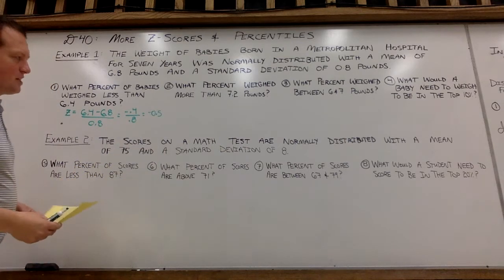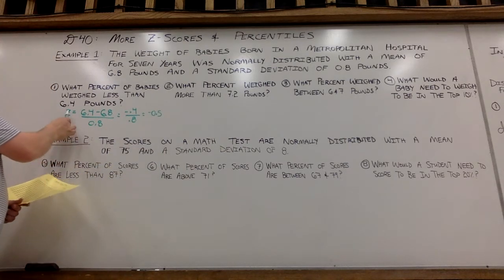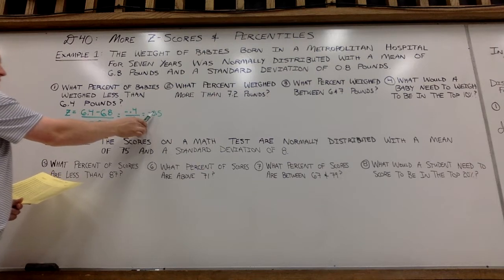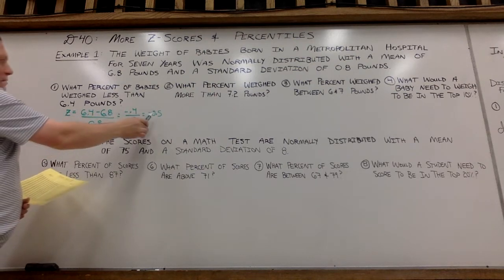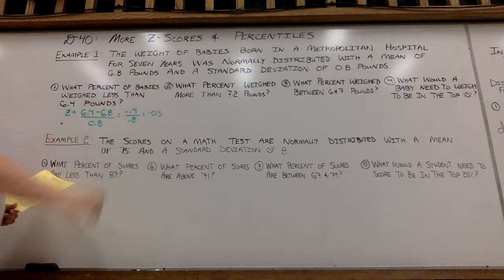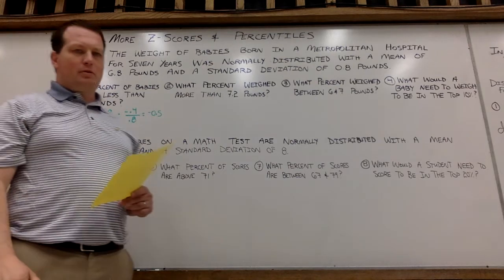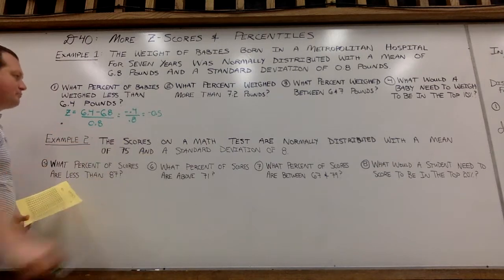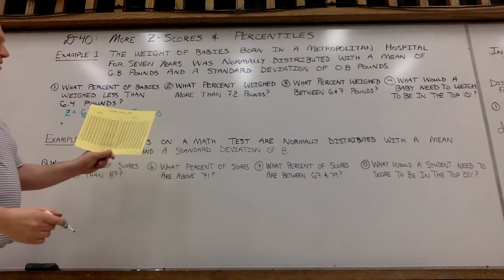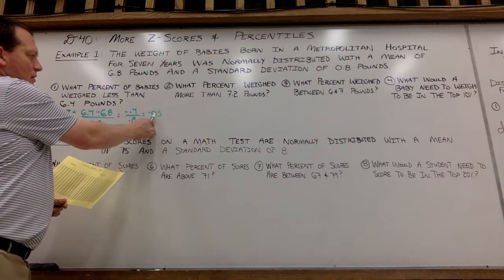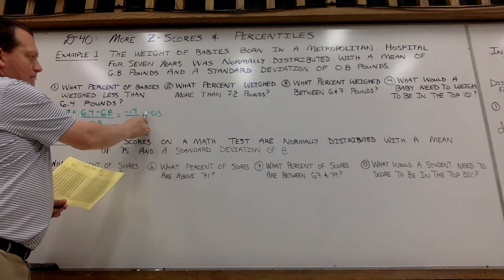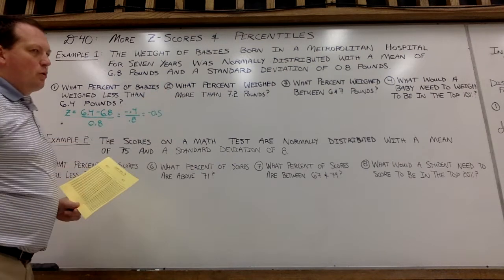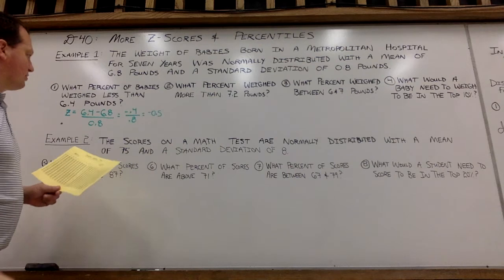So for the percentile then, I'm going to figure out the percentile of babies here that would weigh less than 6.4 pounds. And remember, percentile tells us the value below. So we are good here. We want to find the z-score that negative 0.5 will correspond with in terms of a percentage.